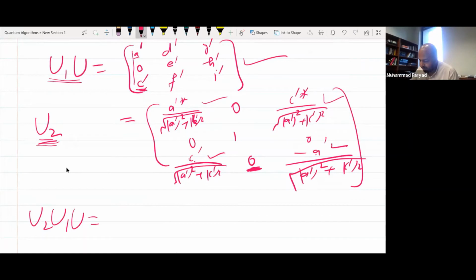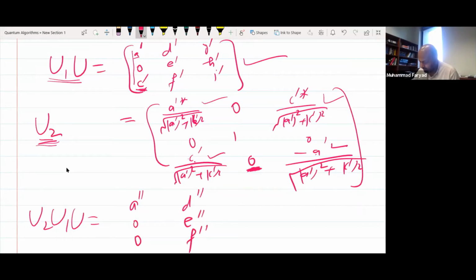So this A prime star into C prime star will give us A prime mod square, C prime mod square, divided by A prime mod square plus C prime mod square. So we'll get something, let me call it just A double prime, D double prime, 0 here.